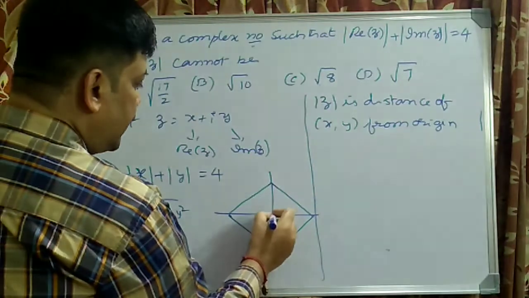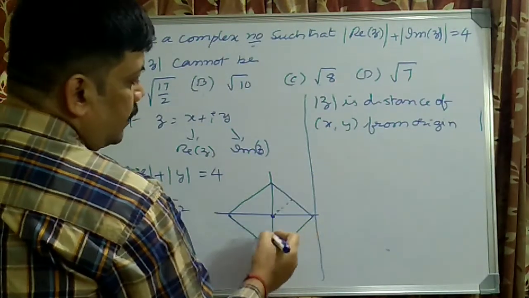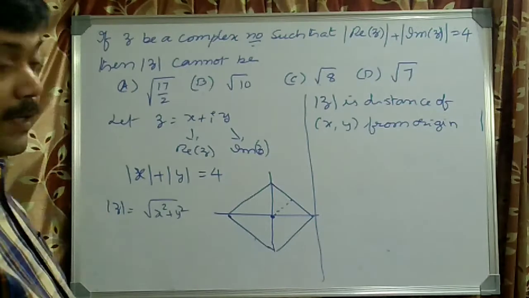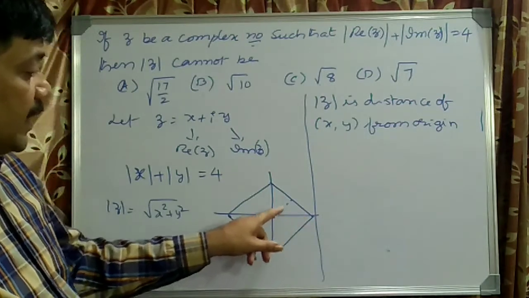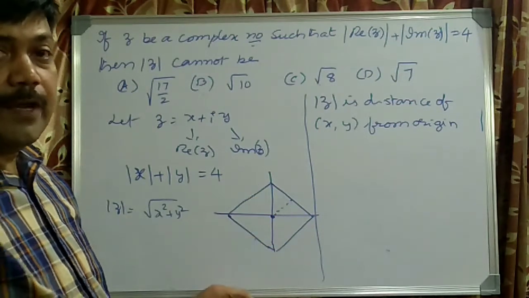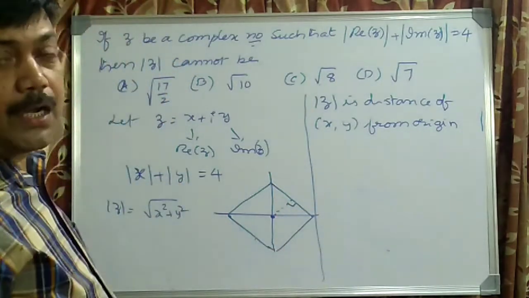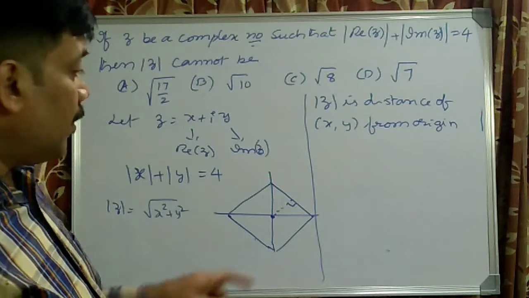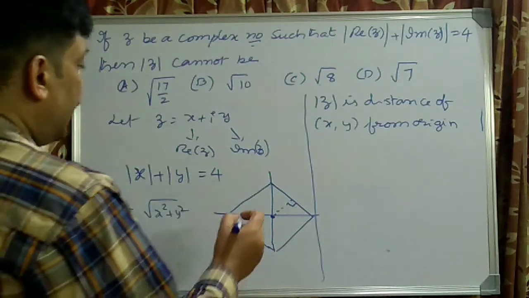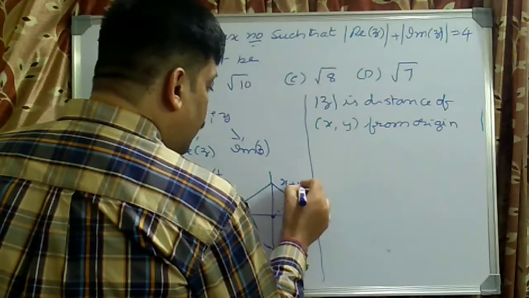So from origin, I am considering two types of distances. One is maximum distance and one is minimum distance. You might be knowing that the minimum distance is nothing but perpendicular distance. So from origin to the line x plus y is equal to 4.